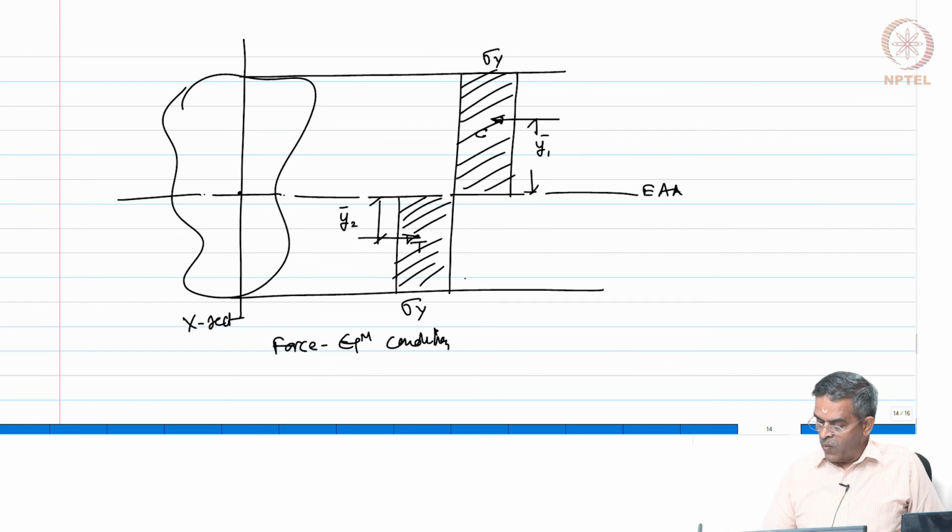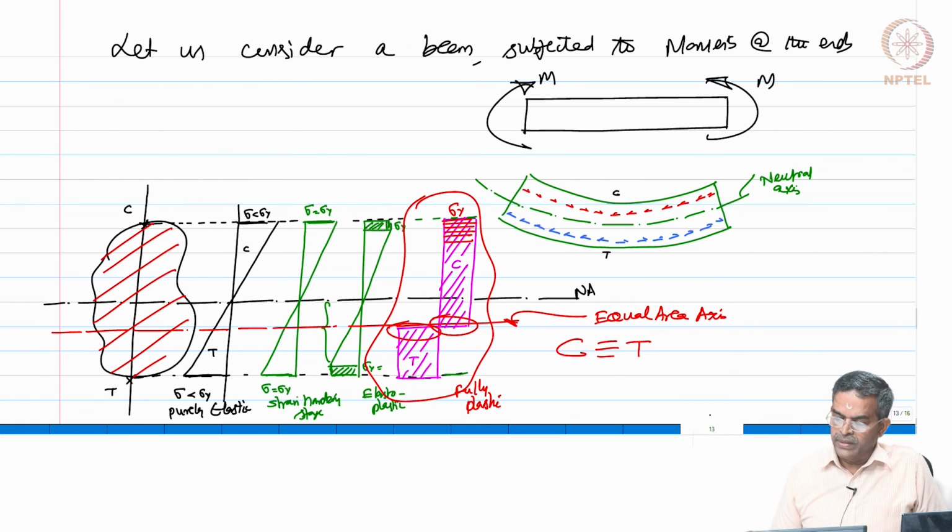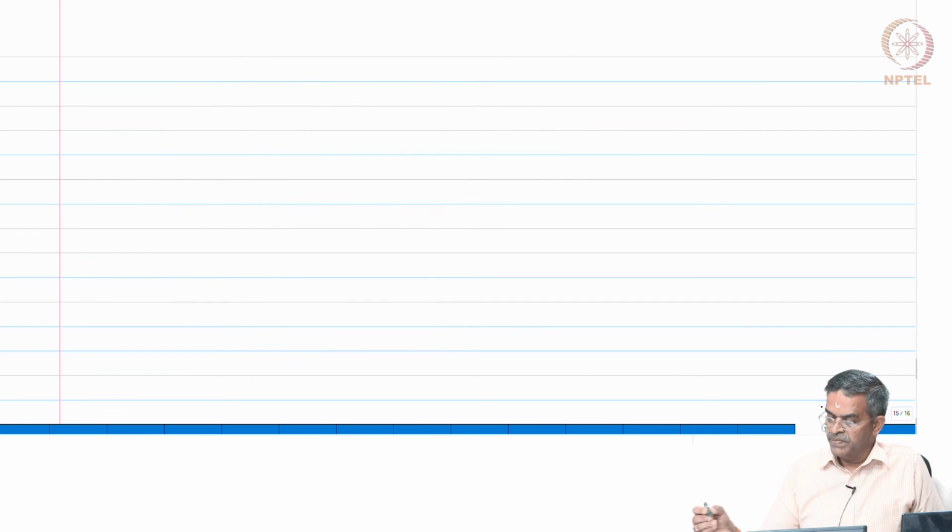Okay. When the cross section was loaded and the stress distribution happened by stages from here to here, we had made some assumptions. What are those assumptions?